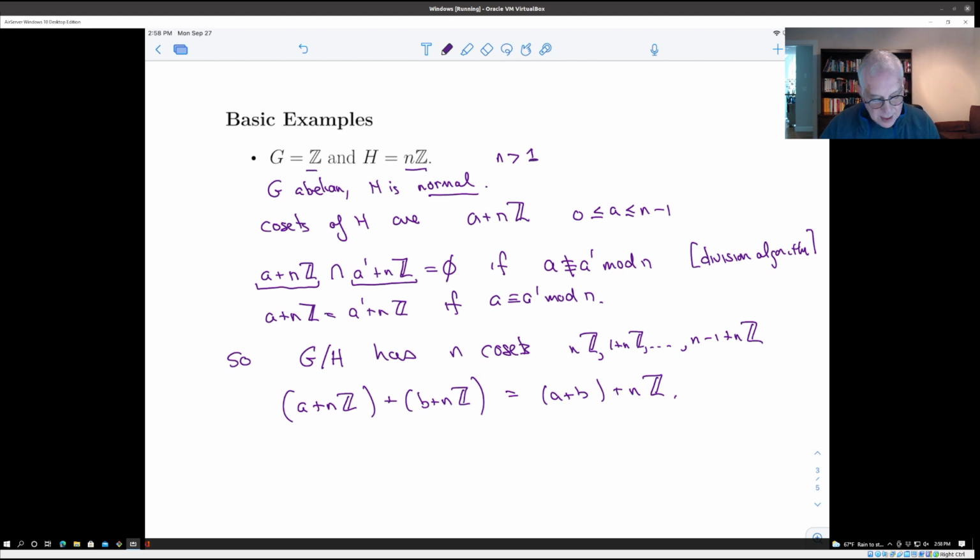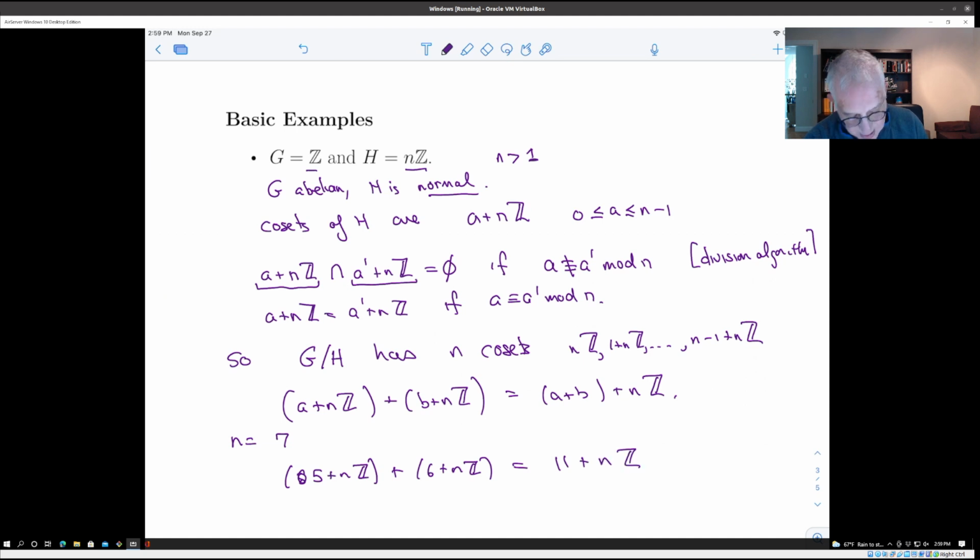For example, if n were 7, and we looked at 5 plus nZ plus 6 plus nZ, I would get 11 plus nZ. But 11 plus 7Z is everything which is 11 more than a multiple of 7.